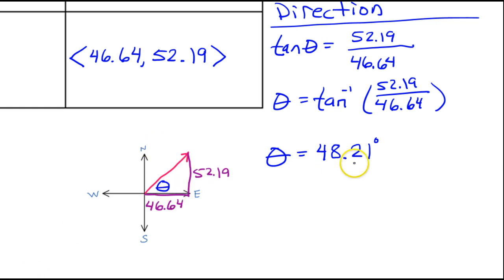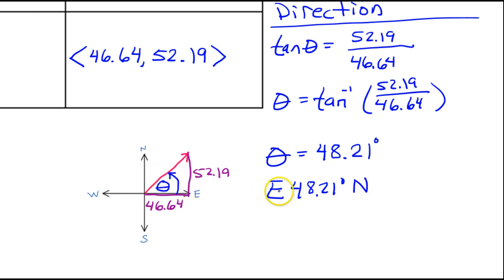If I wanted to use the angle that I already have, we could look at this position as starting from the east. Then if you turn 48.21 degrees towards the north, then you're there.